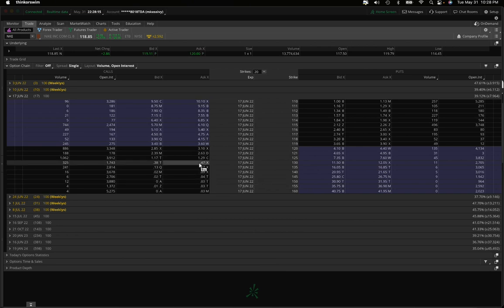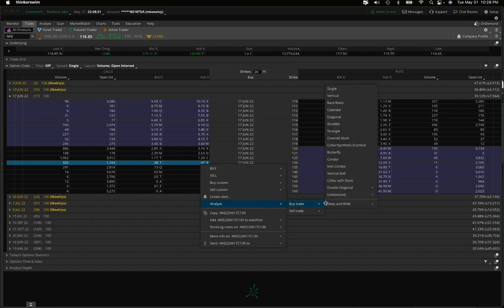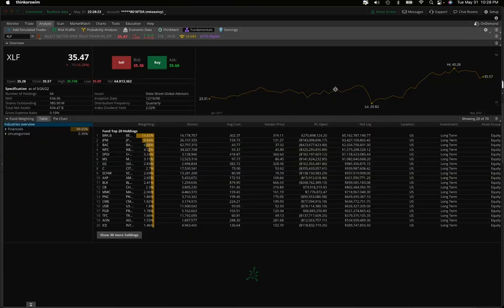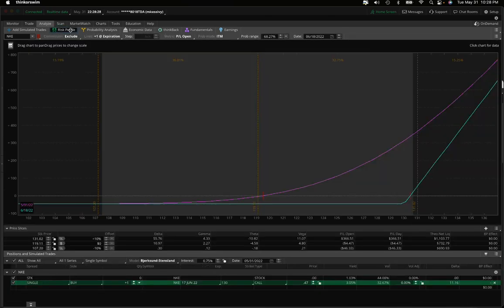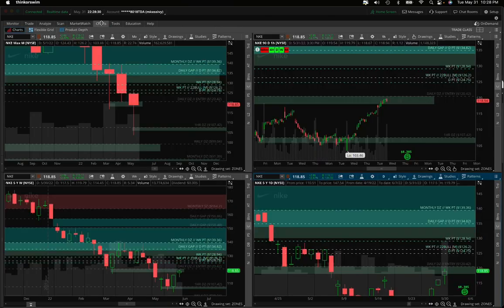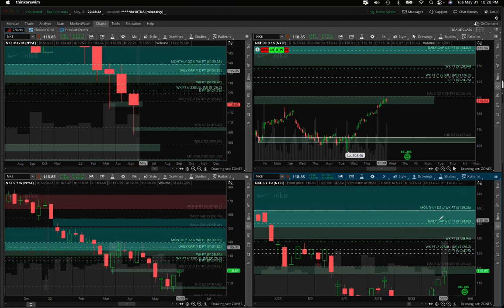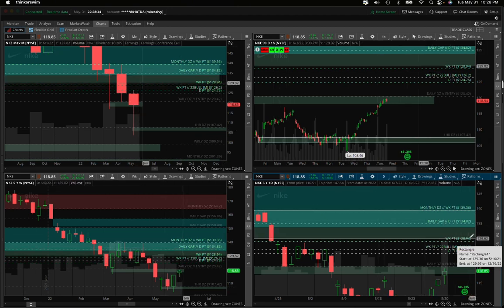Let's see. So you right click and you go to analyze, go to buy trade, and you go to single. Then you click on risk profile. So if we go back to the chart, we'll see that 130.47 is our break-even price.